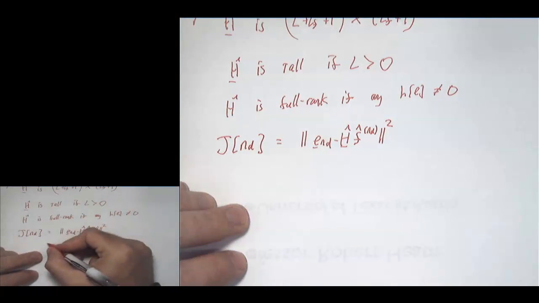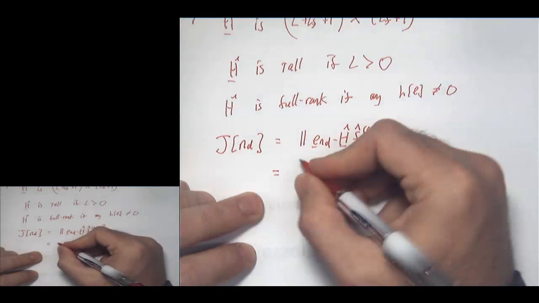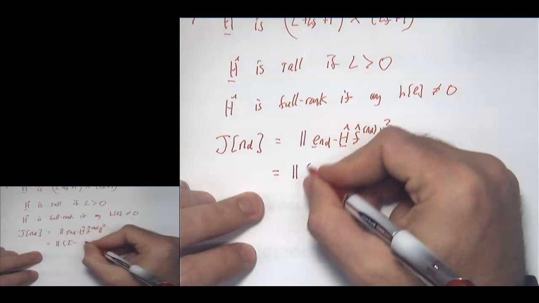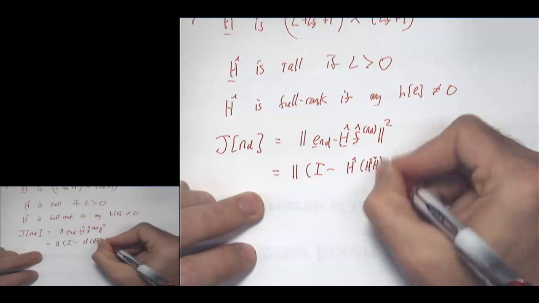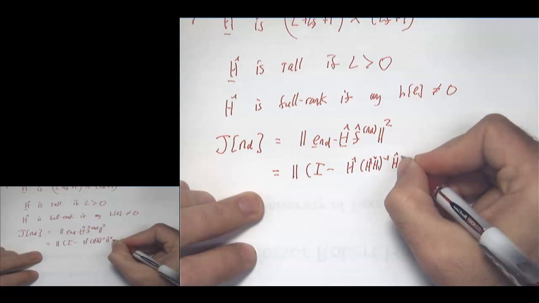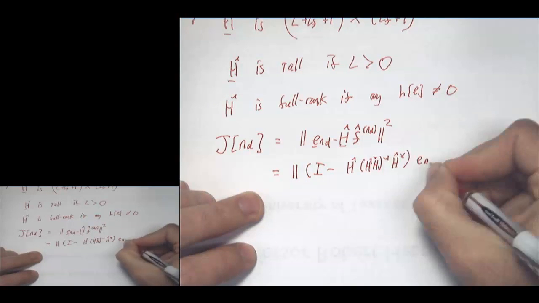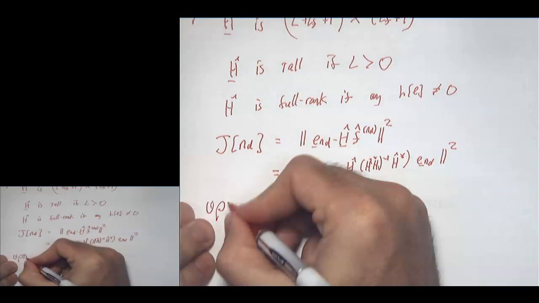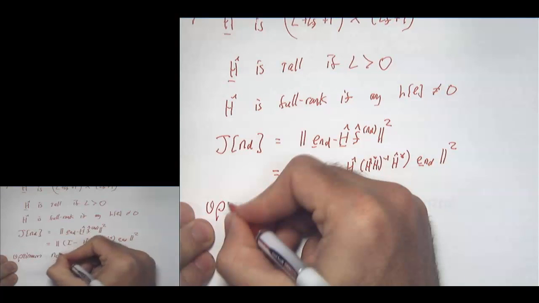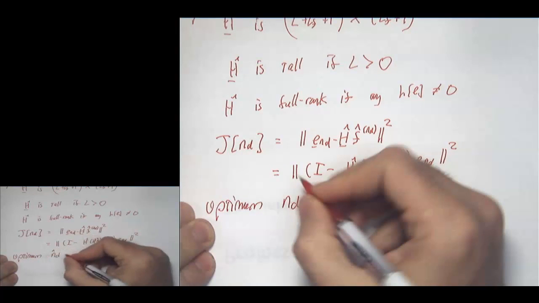And then you can just rewrite that as finding the norm of this identity minus h hat (h hat star h hat) inverse h hat star e of nd here. And then find the optimum, which maybe I'll call nd hat.